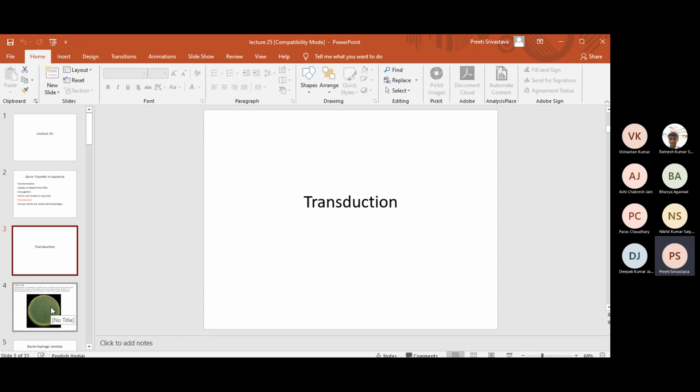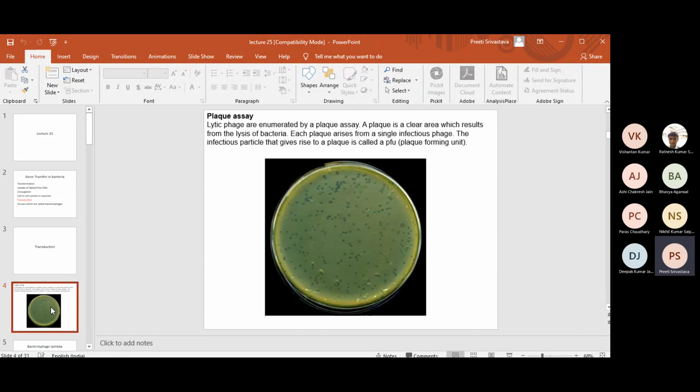So when we talk about transduction, in yesterday's, on Wednesday's class, we discussed the lytic cycle and lysogenic cycle. You remember that? I just wanted to show you how the plaques look, because you people have not done the labs. The way we can examine that lysis has taken place is, you prepare L-agar plates, and onto the L-agar plates you prepare a layer of soft agar.